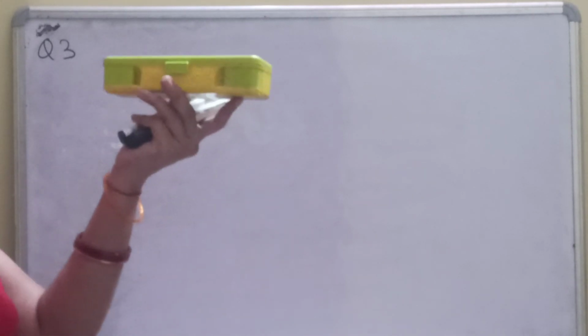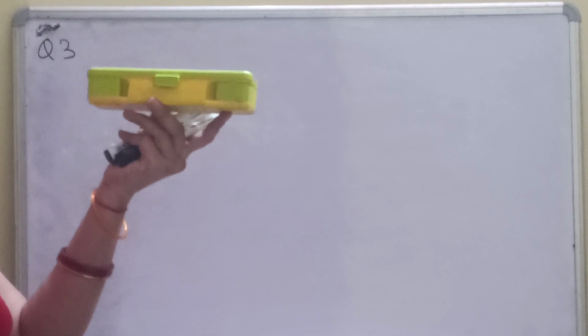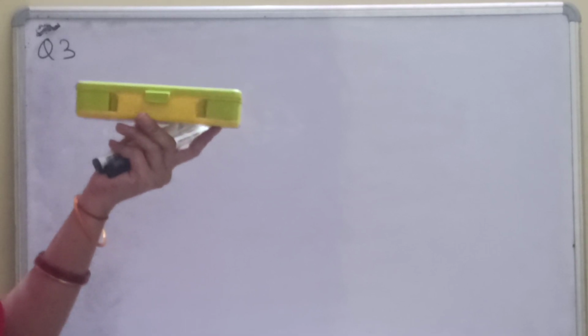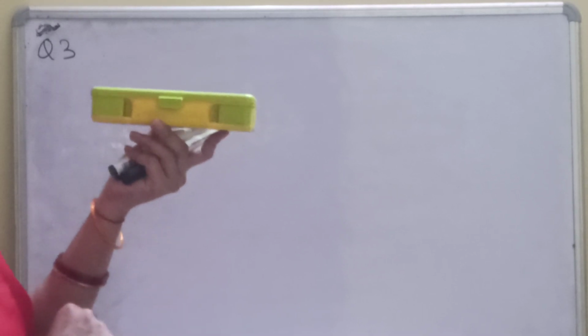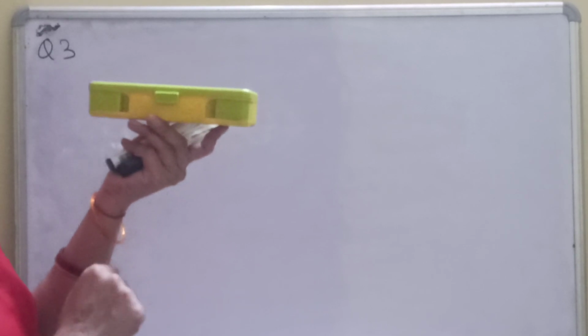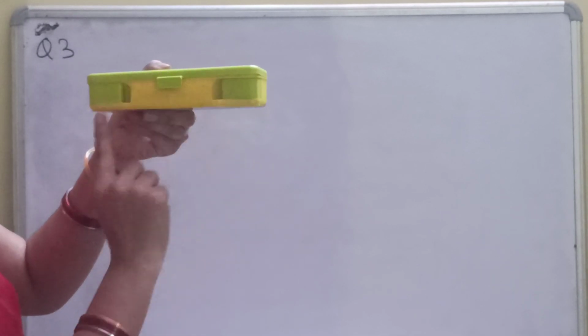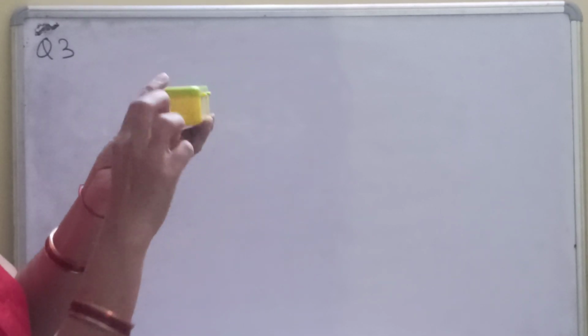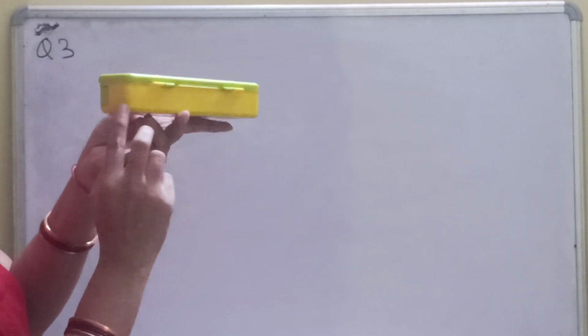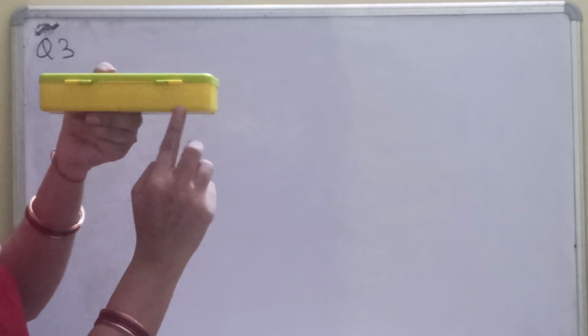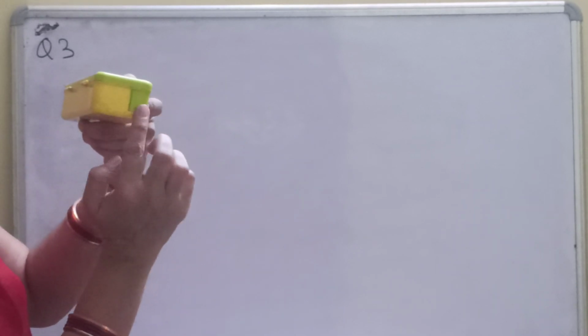So what we have for cube? This is a cuboid. Cube means all sides are equal. So for a reference we are taking this. We have to count edges. So how many edges are we having? 1, 2, 3, 4, 5, 6, 7, 8.